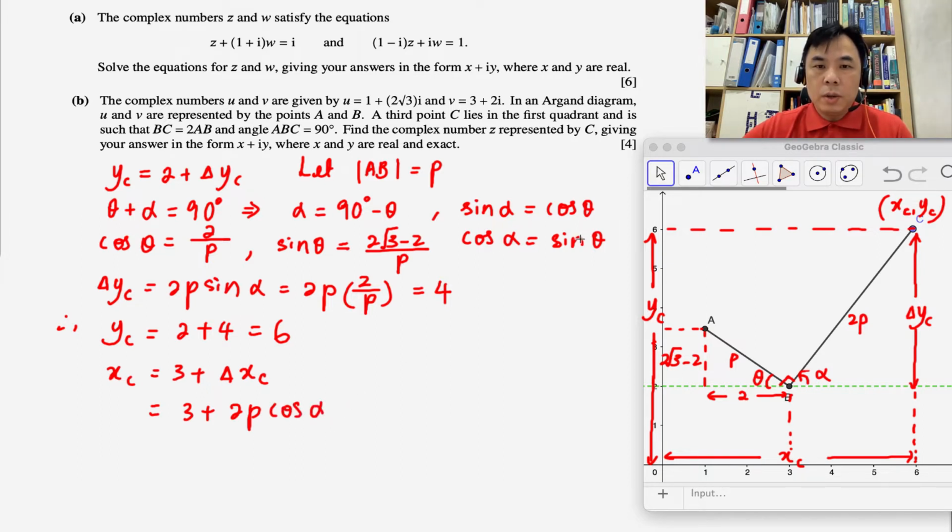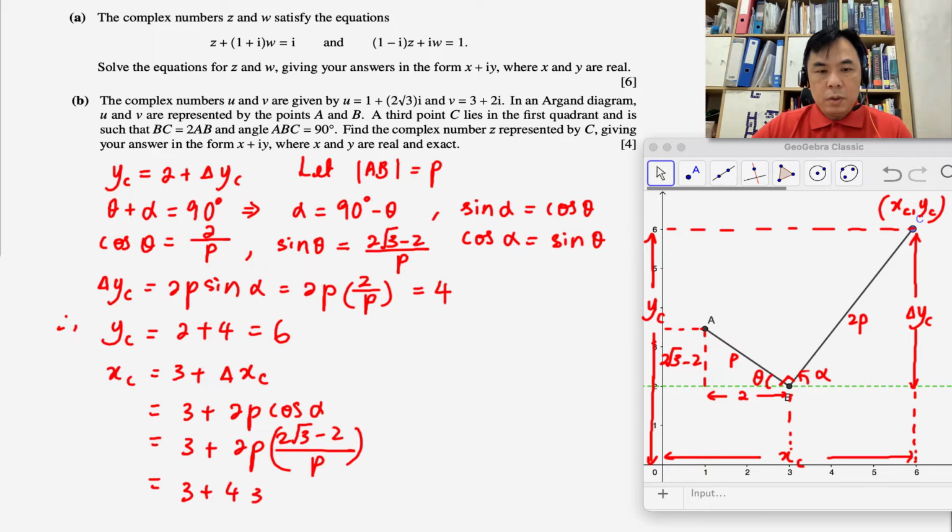And then cosine alpha is sine theta, which is given by this. Therefore, we're going to rewrite that as 2p times 2 sec 3 minus 2 over p. Therefore we're going to simplify this. We will get 3 plus 4 sec 3 minus 4, and then eventually we have 4 sec 3 minus 1 here. And then there you have it, the coordinate for C.